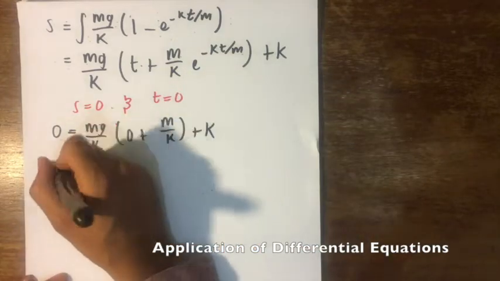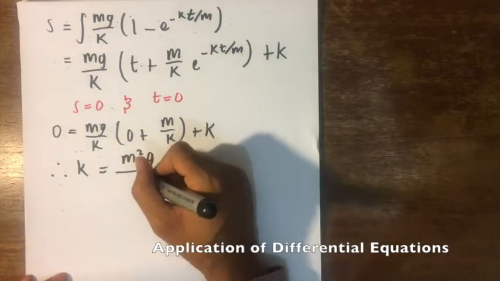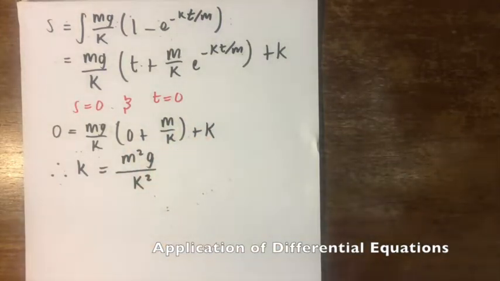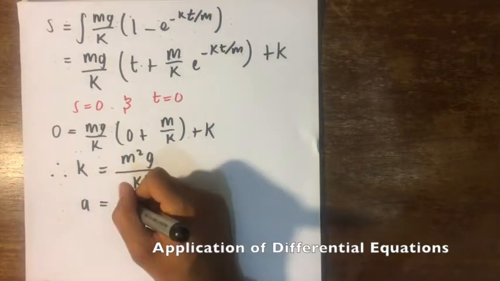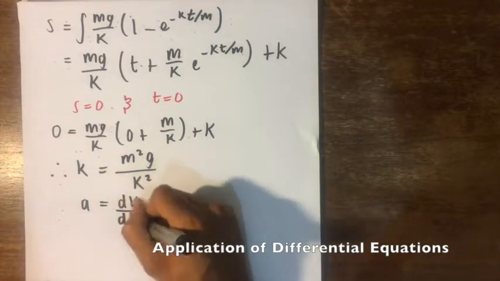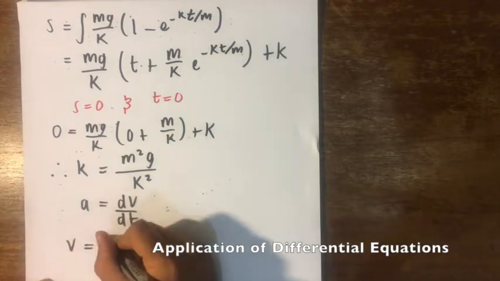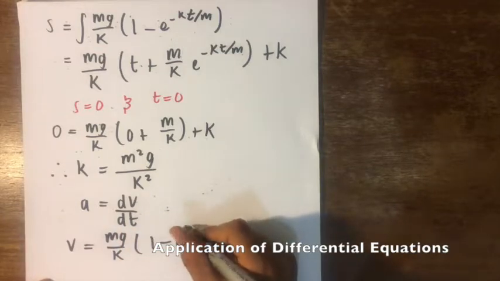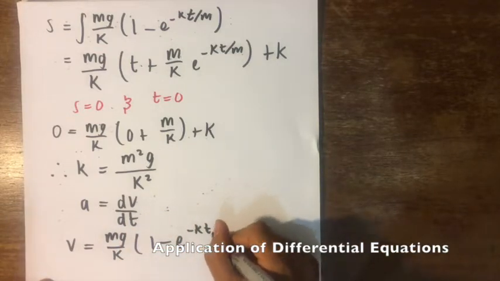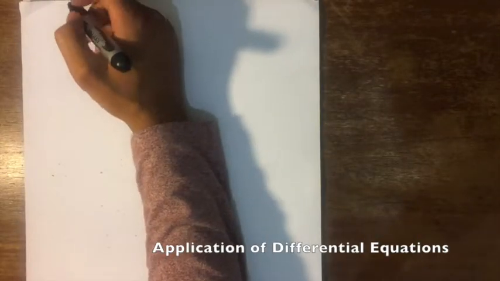Now we have to find a formula for acceleration in terms of t. So we say a is equal to dv over dt. So to get the value of a, we differentiate v, and we know that our v is equal to mg over k, open bracket, 1 minus e to the negative kt over m, close bracket.